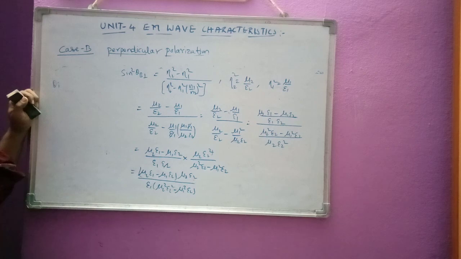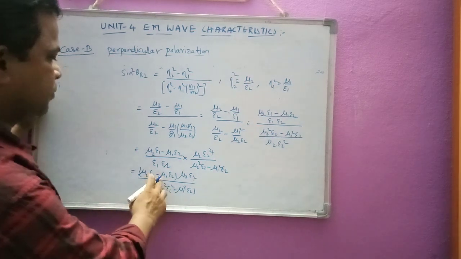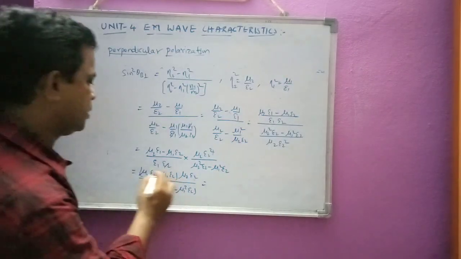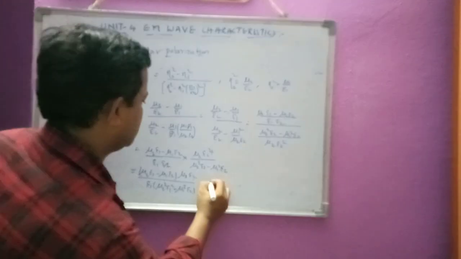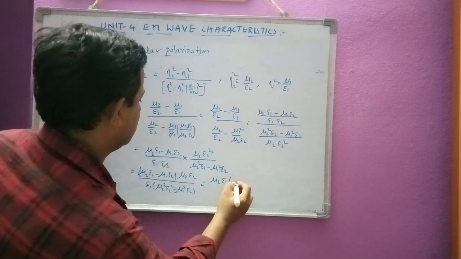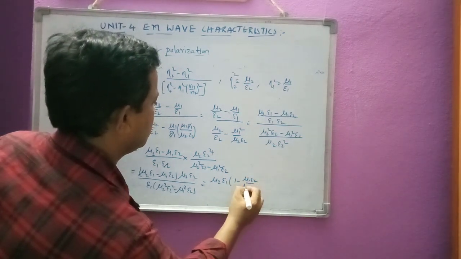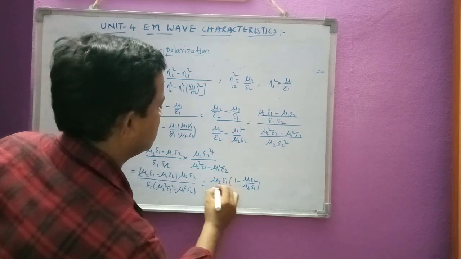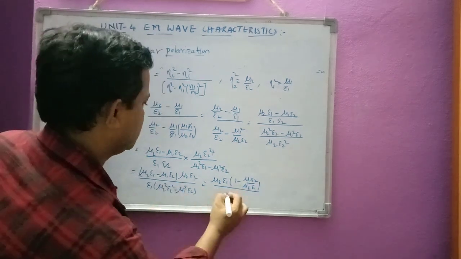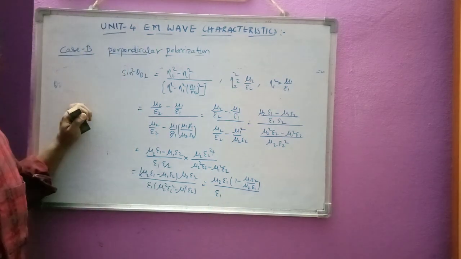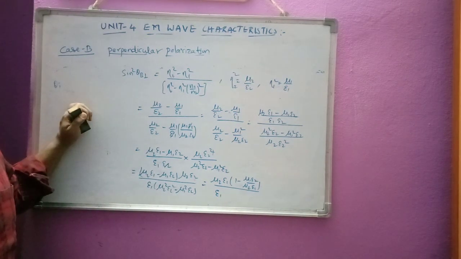So now I will take the common factor from this equation. I will take mu 2 epsilon 1 common, that is mu 2 epsilon 1 into 1 minus mu 1 epsilon 2 by mu 2 epsilon 1. Similarly here also epsilon 1.